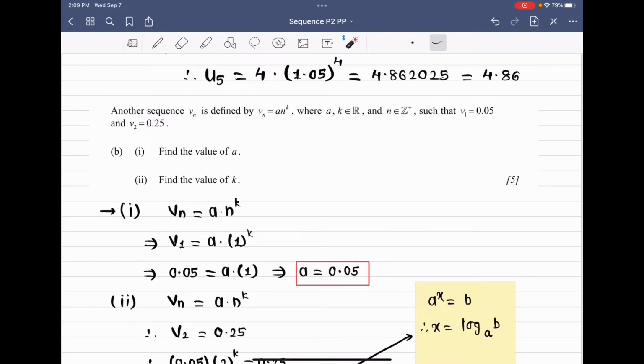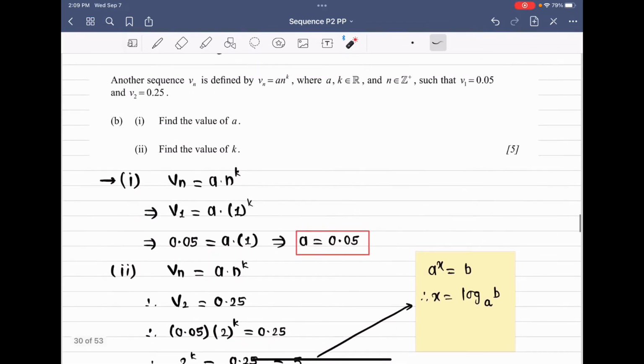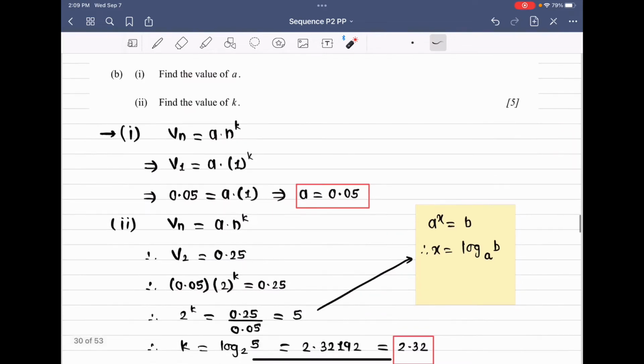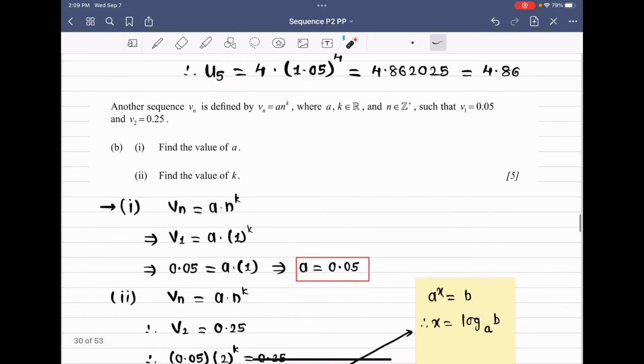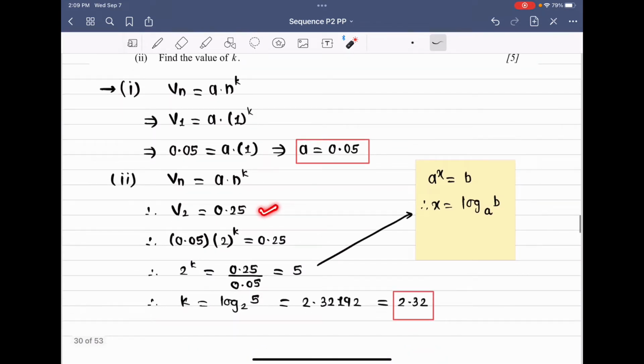Find the value of k. For that purpose, I need to use the second condition, v2 is equal to 0.25. Again, I am writing the same formula, Vn is equal to a times n raised to k. This power k is only for n, not for a. So below Vn I am writing v2, which is given as 0.25. Now I'm using n is 2, so a times 2 raised to k.